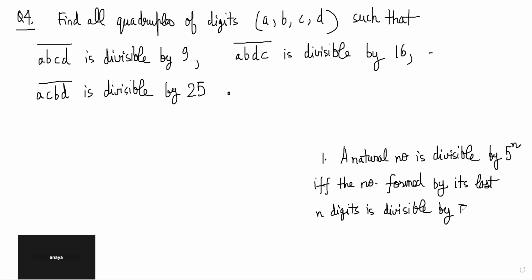So right now n is 2, so you are getting 25. So the number formed by its last two digits is divisible by 25.